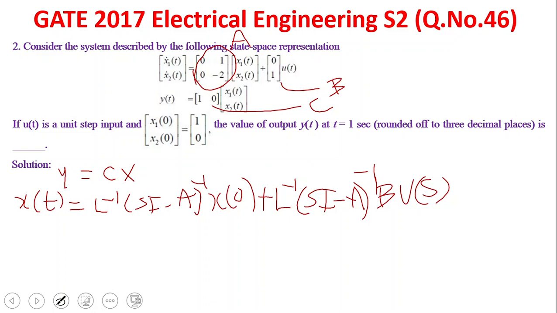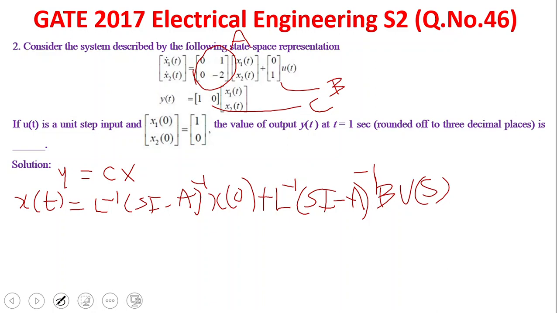If you take the Laplace transformation of x dot of t equal to Ax plus Bu, then rearrange the terms, write the X of s expression, and take the inverse Laplace transformation, you will get the expression that I have written just now. Therefore, what I need is Si minus A inverse as usual. I also need Si minus A inverse into B into U of S.